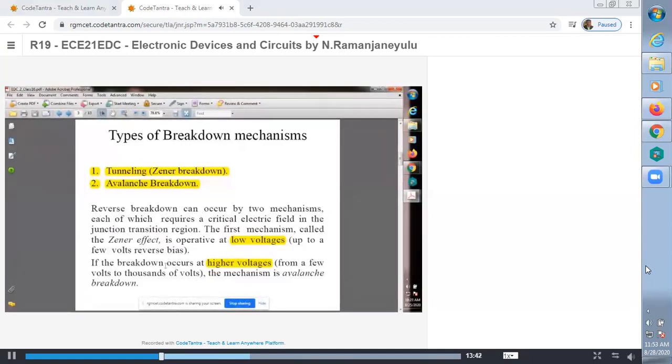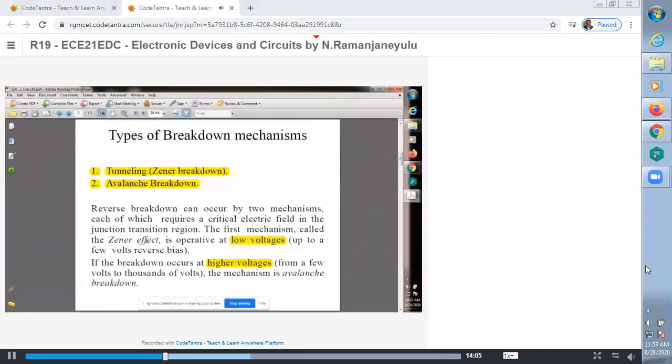Whereas in avalanche breakdown, the breakdown occurs from a few volts to thousands of volts. This mechanism is called avalanche breakdown. Remember this one: Zener breakdown always occurs at lower voltages, whereas avalanche breakdown occurs at higher voltages.